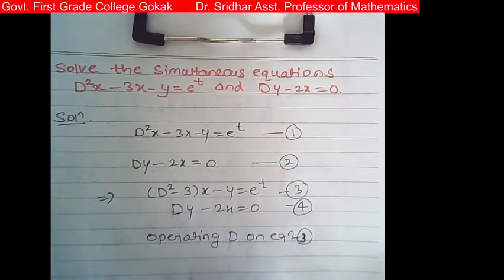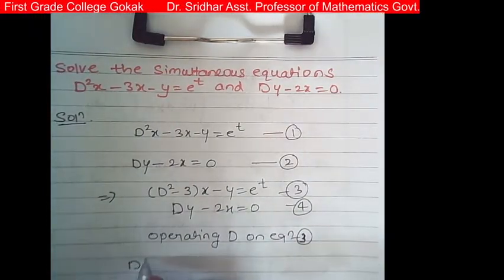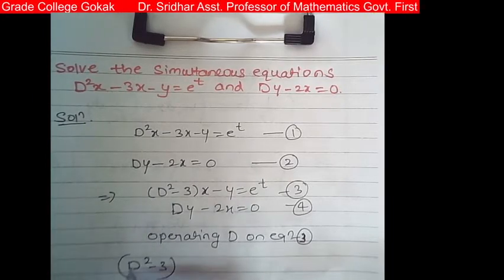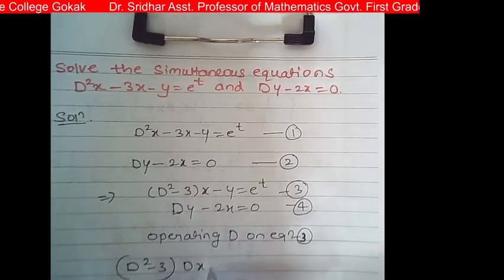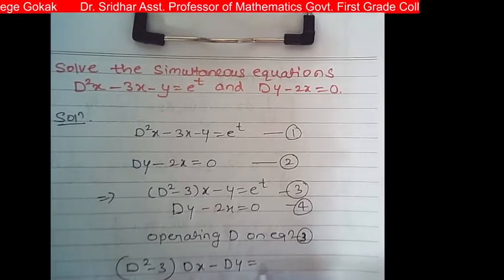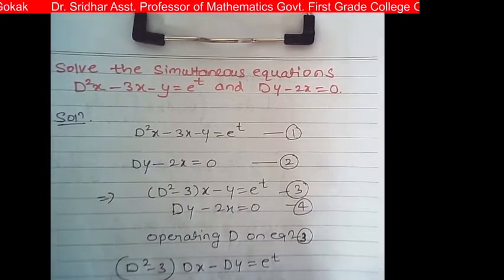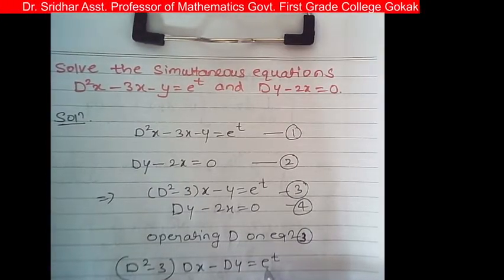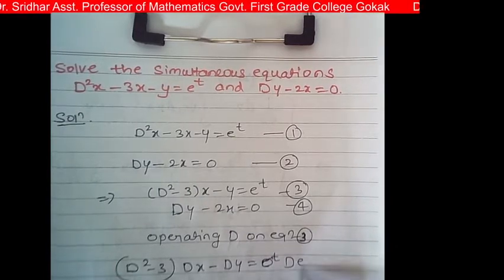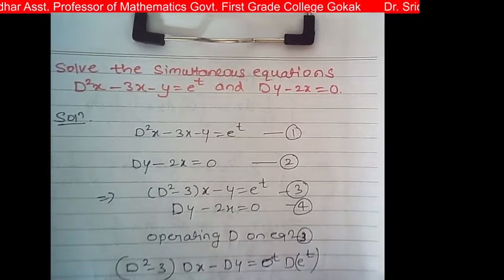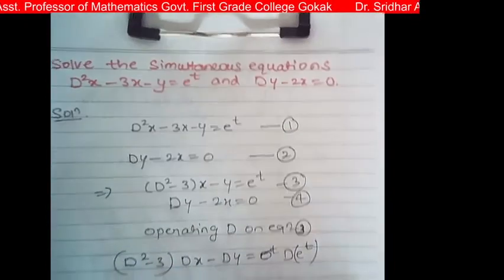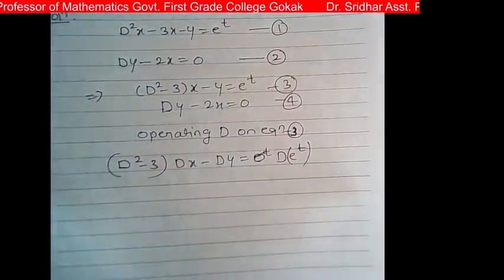Okay, so we obtain D squared minus 3, so Dx minus Dy equal to D of e raised to t. D means differentiation.